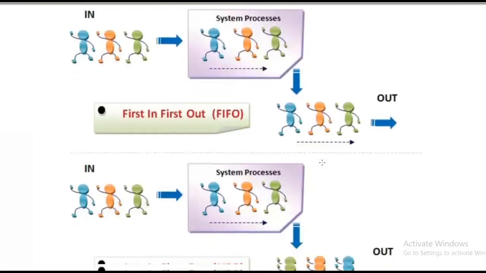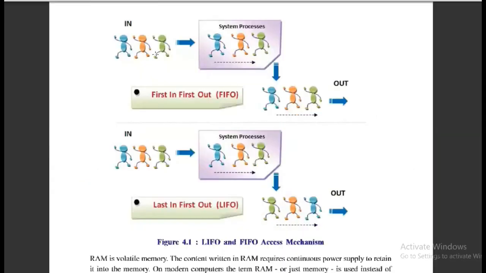So here one picture is there. Here you can see this is in, then processes. You can see that the first was blue, second was orange, and here it is green. So in the same sequence it goes into the process, and in the output the same sequence is there. This is first in, first out.